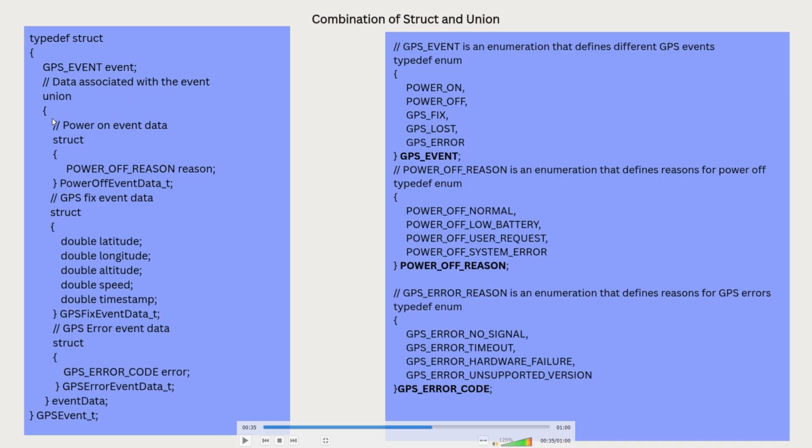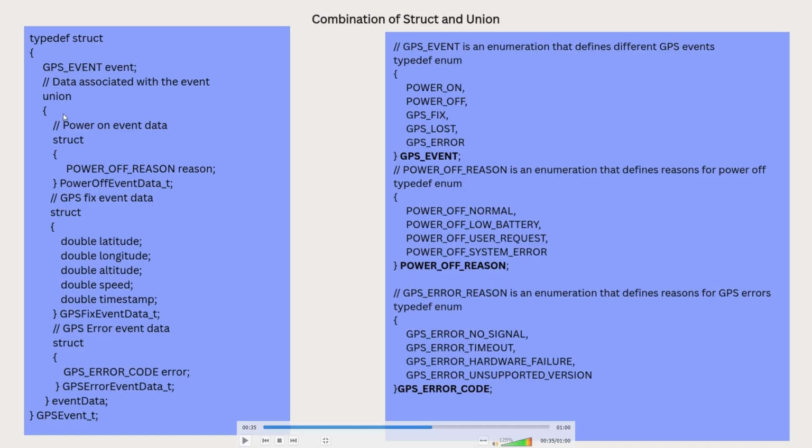So first my GPS event will contain the event, what kind of event it is, followed by the data. The data will change as per the event. Let's say the power on event won't have any data. Power off will contain the reason for power off. GPS fix will contain the latitude and longitude. So based on the event, the data will be changing.